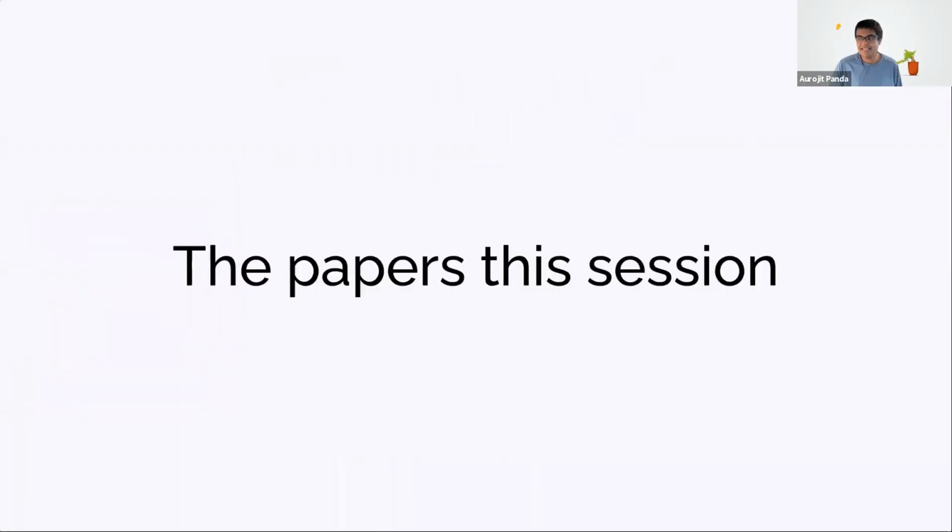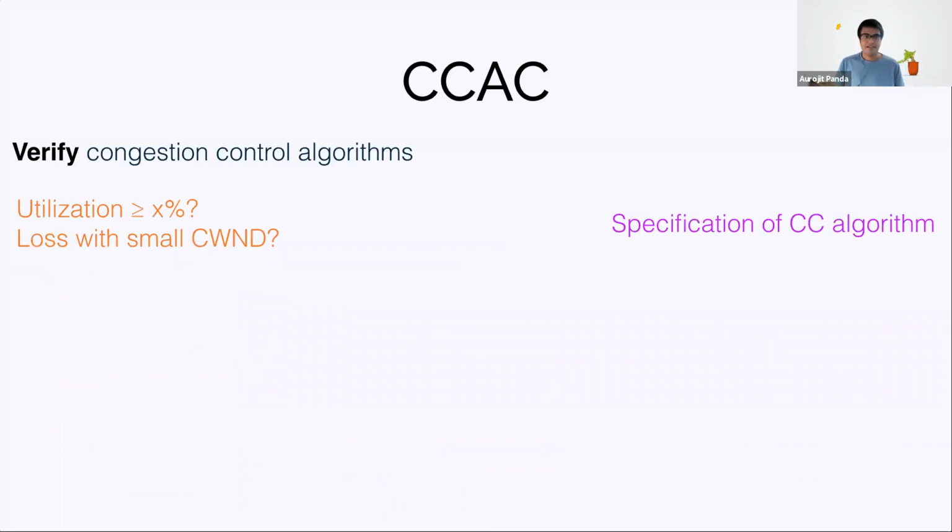So given this, let's briefly talk about the papers that show up in this session. The first paper in the session is CCAC. It's from Venkat Arun and others at MIT. The idea here is that they want to verify congestion control algorithms. As you know, congestion control loops are an important part of most transport protocols.